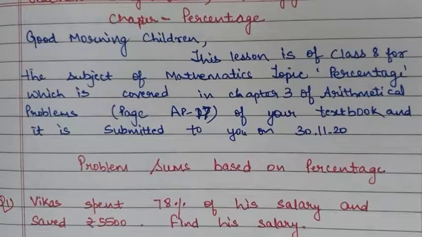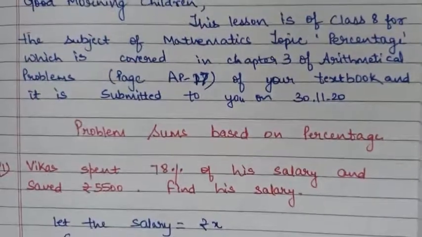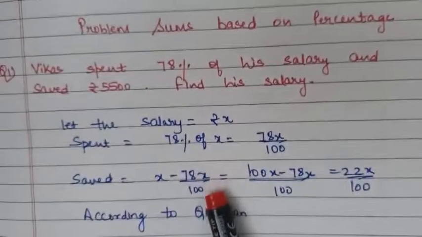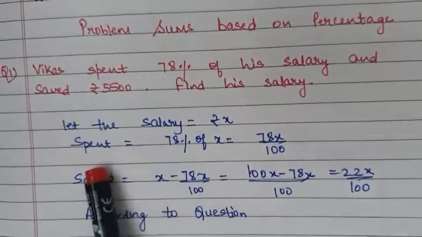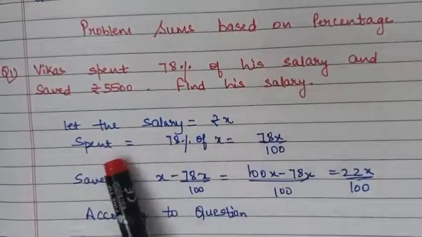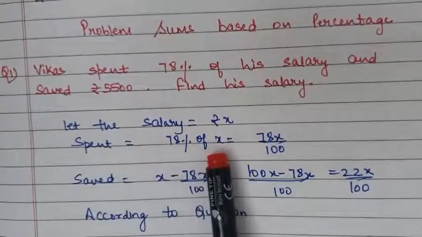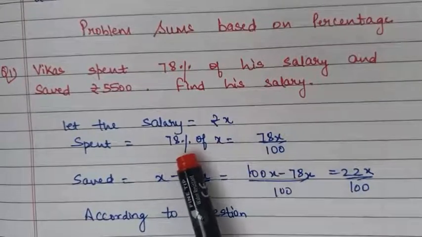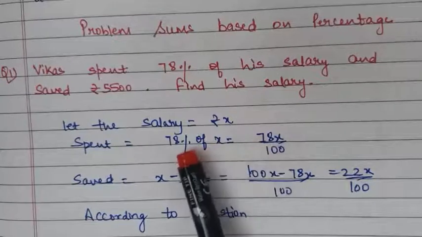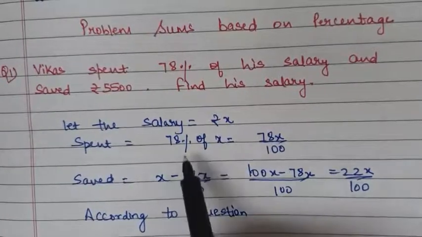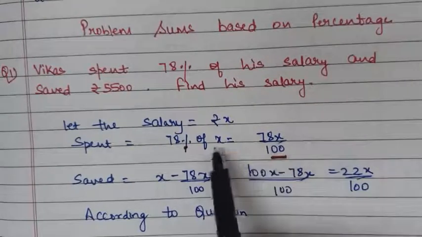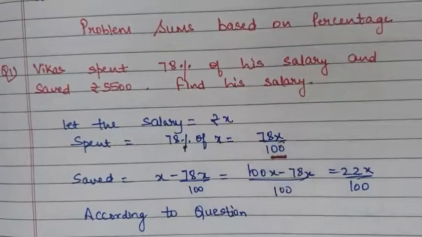So first of all, let the salary be rupees X. Now we know that out of the salary X, he spent 78%, means 78% of X. If you remove the percent, then you get 100 in the denominator and X as it is.